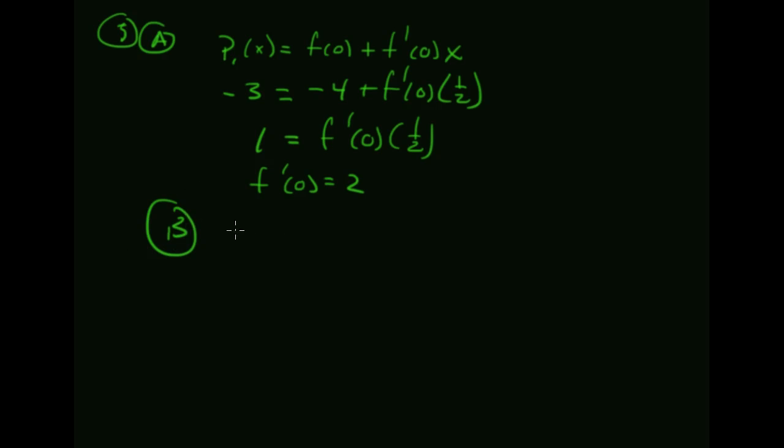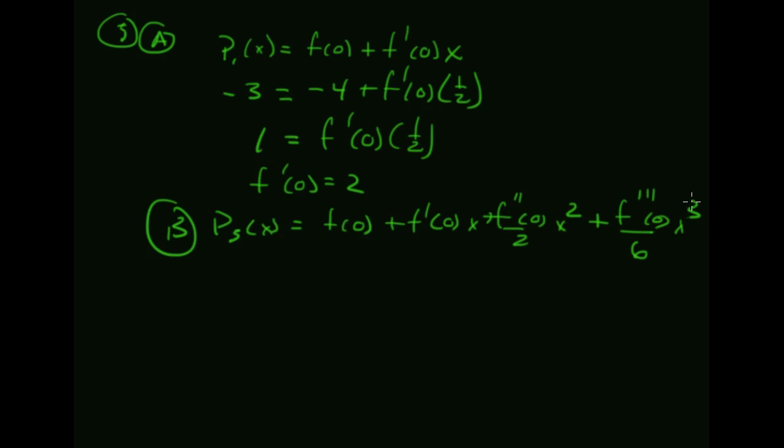So we now want the third degree Taylor polynomial. So remember that this is f of 0 plus f prime of 0 x, f double prime of 0 over 2 x squared plus f triple prime of 0 over 6 times x cubed. All right, so this we're told is -4.